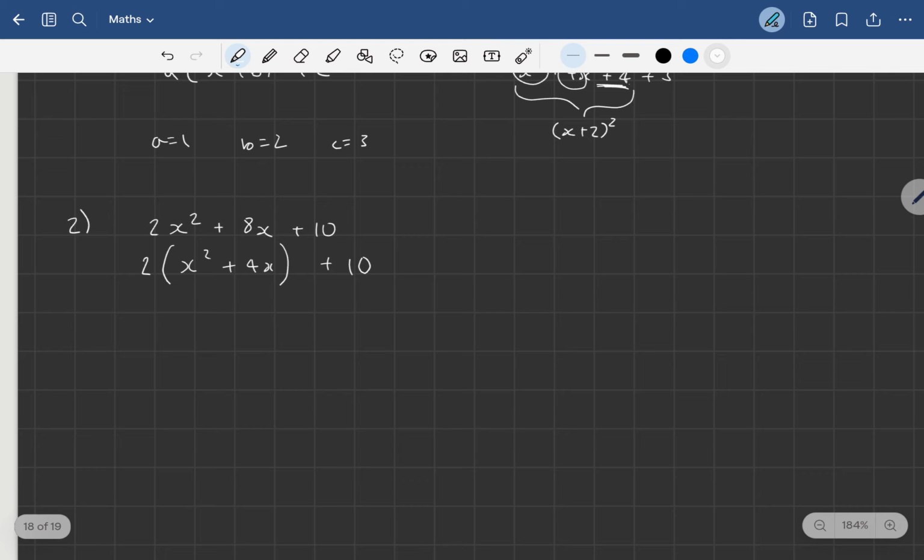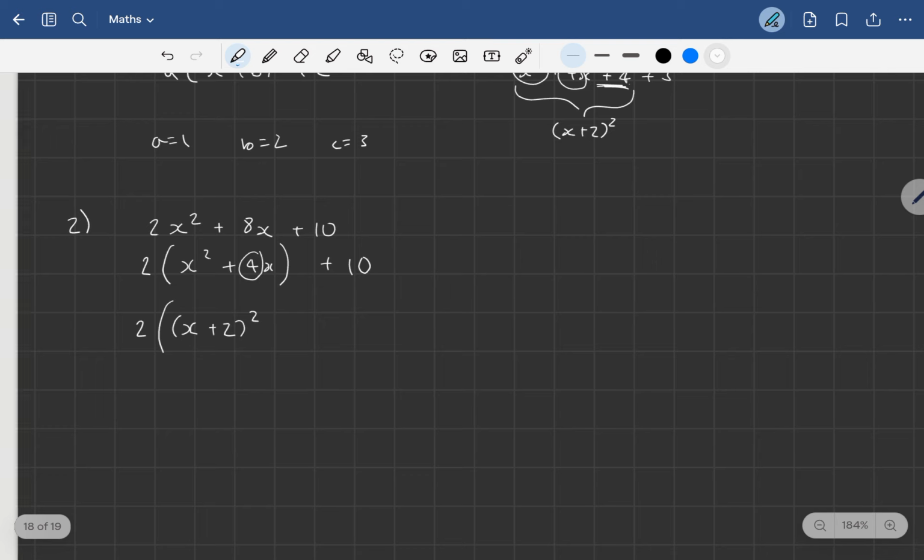Now, we want to do the same thing that we did before. We take the coefficient of just x, and then we half it. And in this case, if we half it, we get 2. So we have 2 bracket x plus 2 squared.